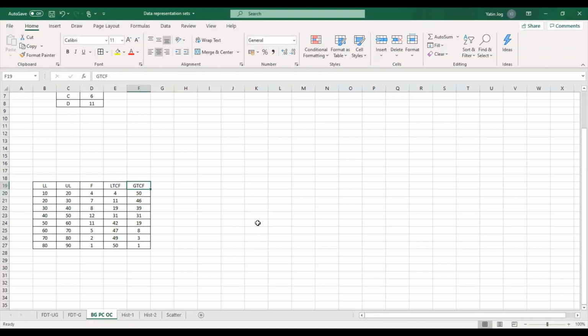Similarly, for greater than cumulative frequency, if I ask you how many observations are above 30, then I have to count all the observations from the class interval of 30 to 40 onwards, that is 8 plus 12 plus 11 plus 5 plus 2 plus 1, and that comes to 39. So whenever my question is how many observations are above the lower limit, go for the greater than cumulative frequency.